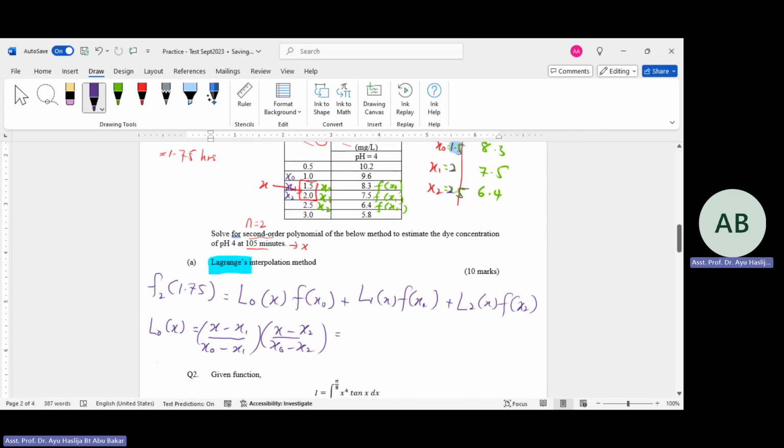You calculate, I will guide you only. So you calculate and find out the final answer.